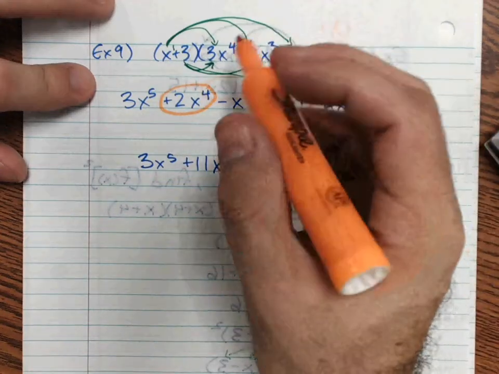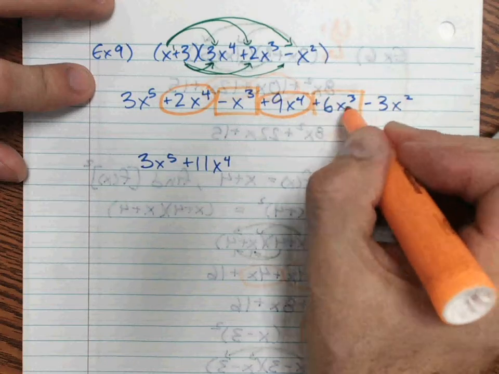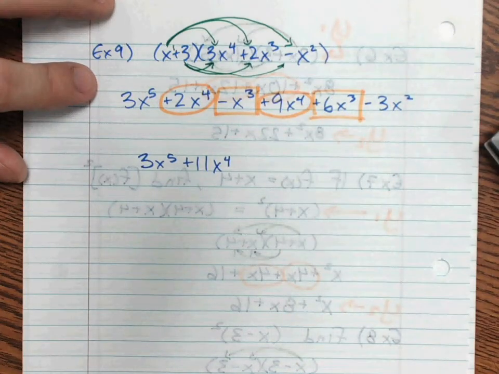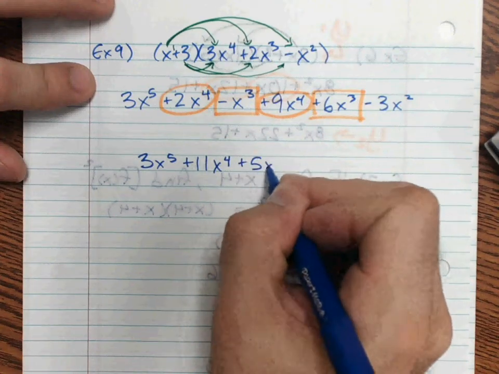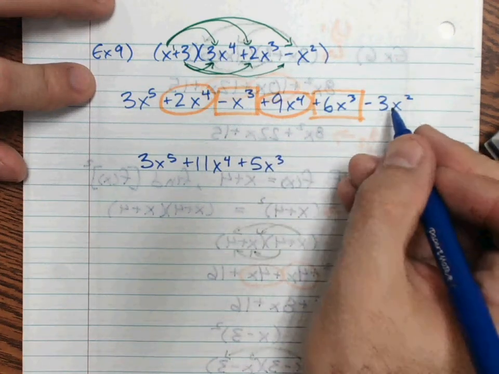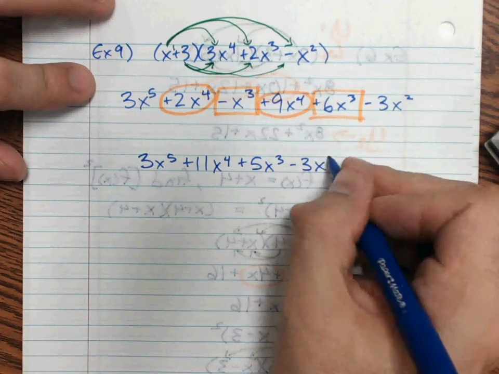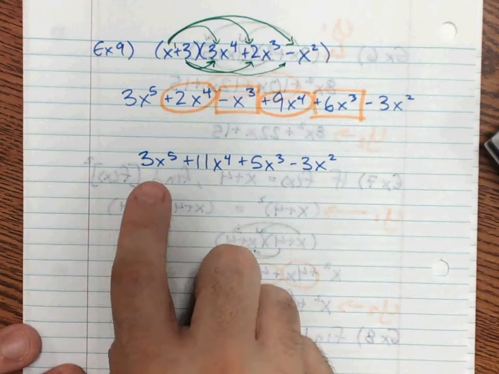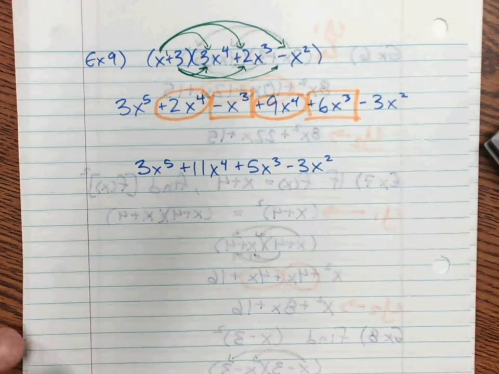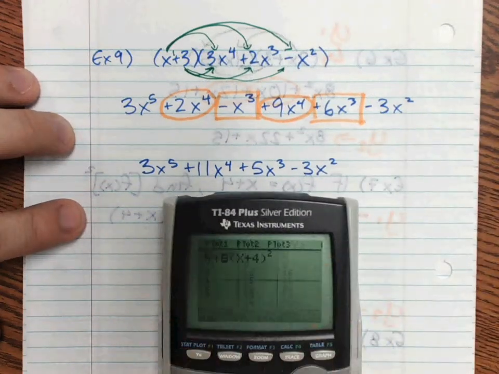My negative x to the third also has a partner, 6x to the third. That's going to give me 5x to the third. My minus 3x squared does not have a partner, so that's going to stay as it was. This is one where you have a whole bunch of things. All of our exponents are different, which means we have no more like terms, but with this much math, you definitely want to go and check your answer.